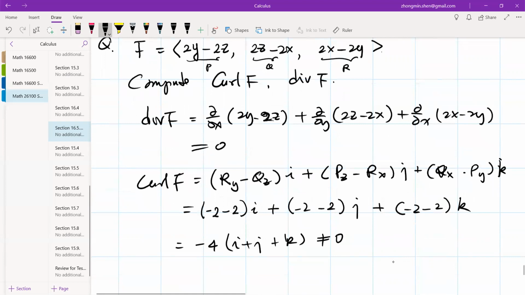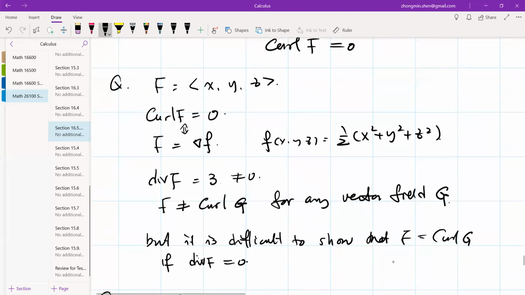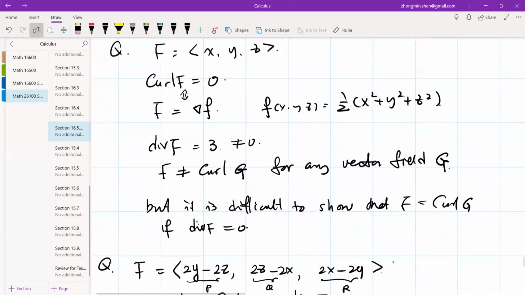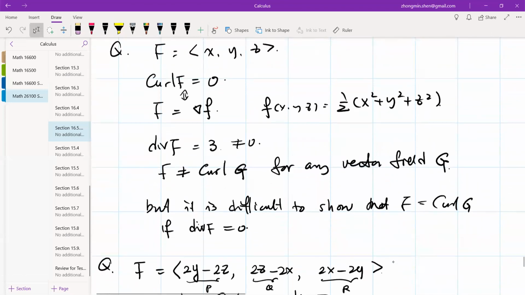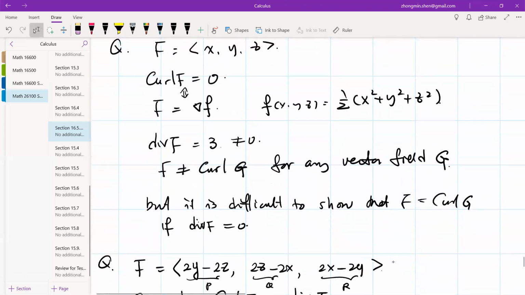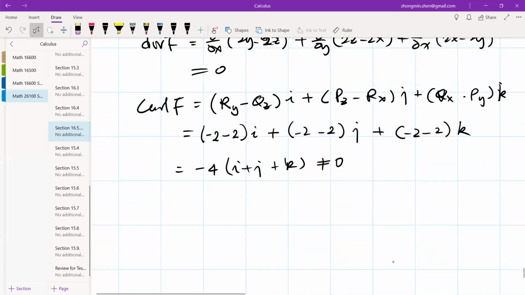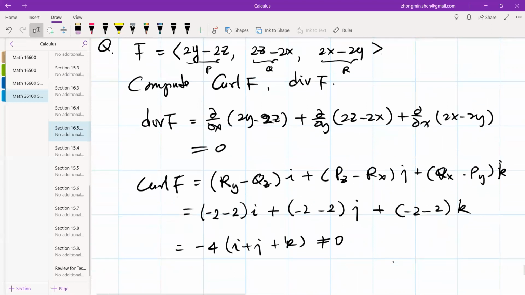Now, what does that mean? Let's go back to our summary. If the curl of F is not 0, then this is not conservative.